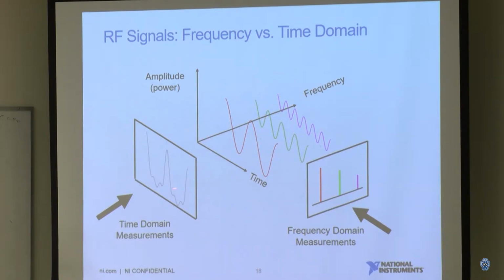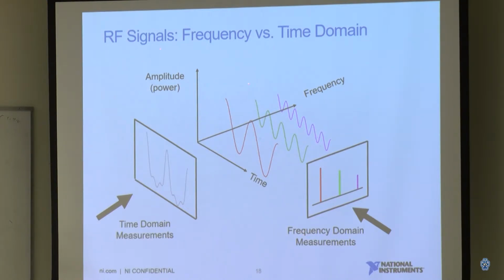If you look from the time side, the plot of amplitude versus time will look like this, right? But if you look from the frequency versus amplitude side, it looks like a single pole. So this comes up as a different display when you talk about time domain and frequency domain.